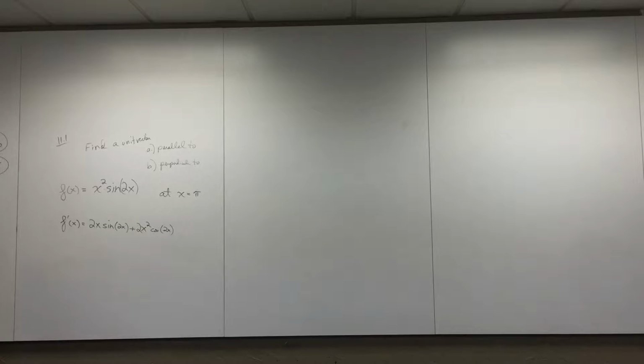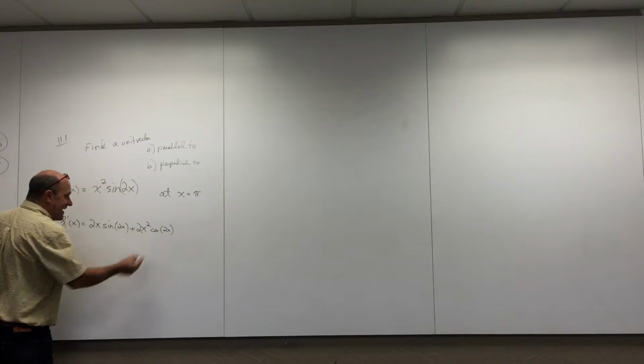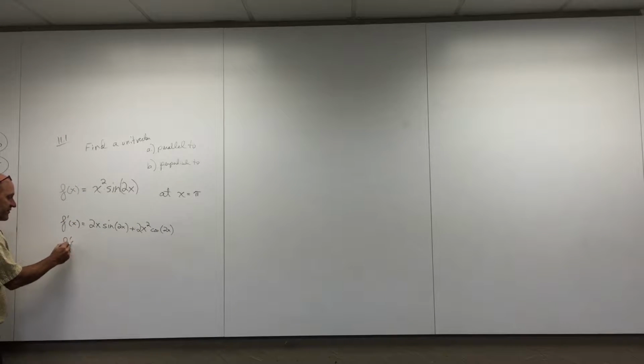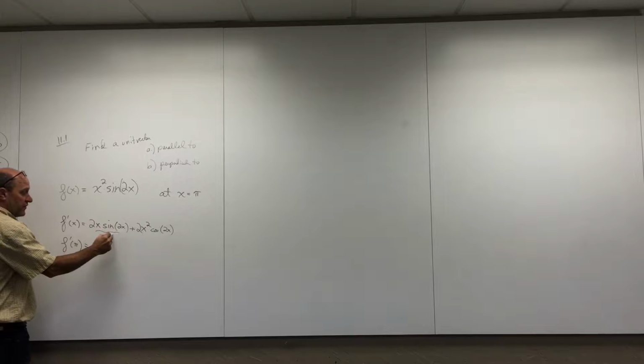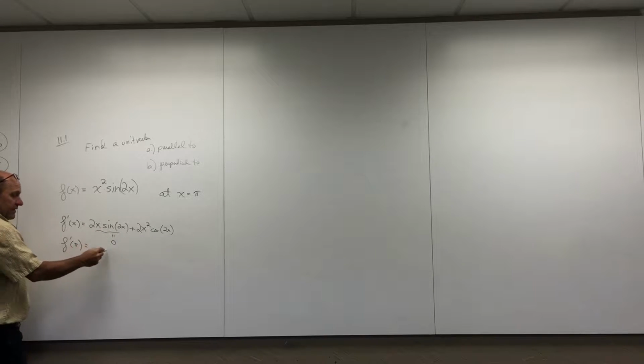Little product rule. And then if I evaluate this at pi, it won't be pretty. That's why I was struggling trying to come up with some place to evaluate this. But at pi, one thing that happens is you get the sine of 2 pi, which is 0, so that whole term goes to 0.